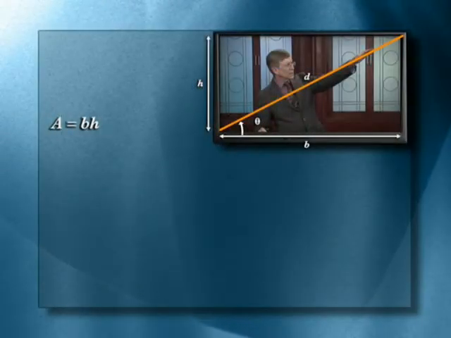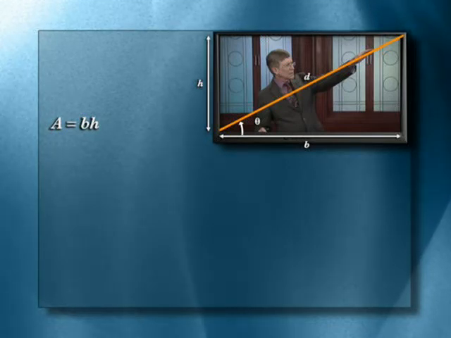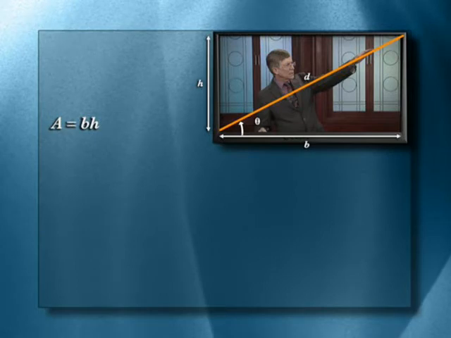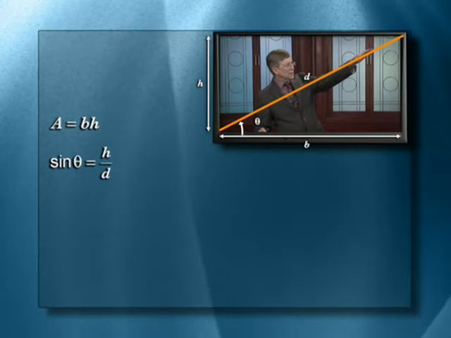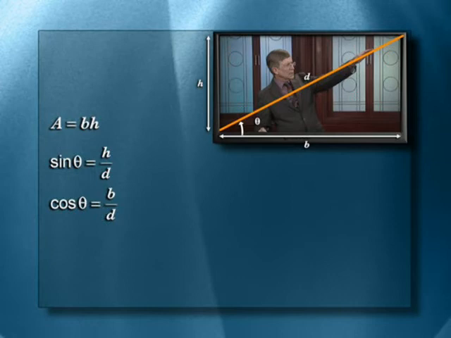Okay, so the area of our television is base times height, B times H, and we can figure out B and H using trigonometry. Look at the figure. Sine of theta is opposite over hypotenuse, so that's H over D, and cosine is B over D. So sine theta equals H over D yields H equals D sine theta.